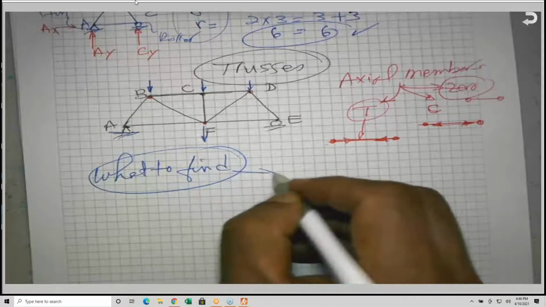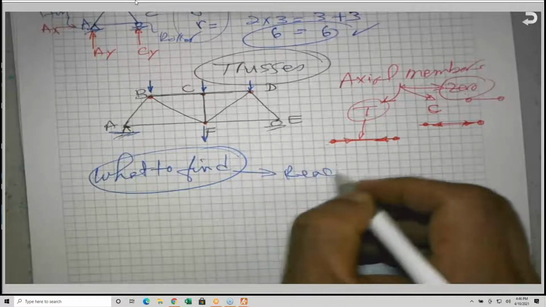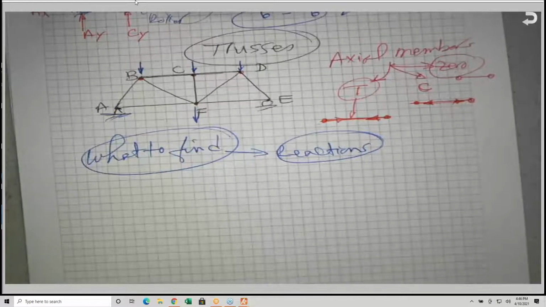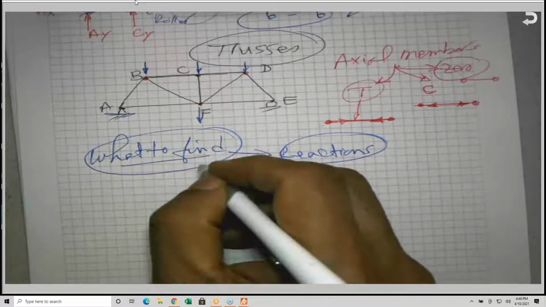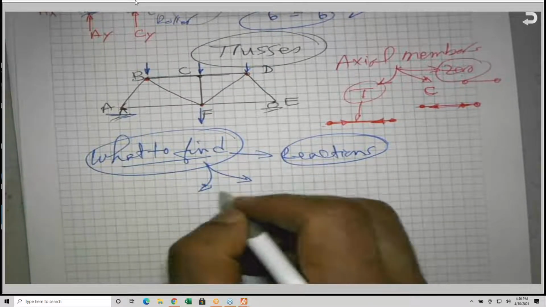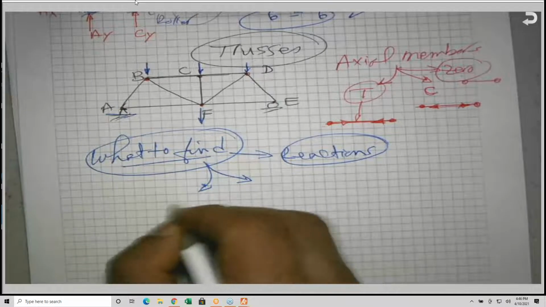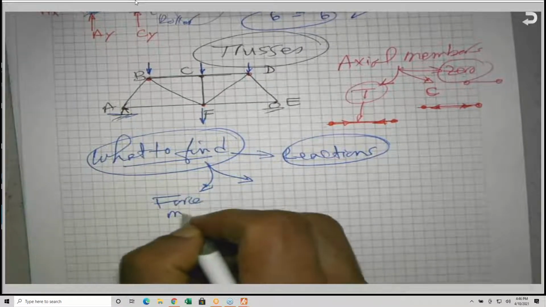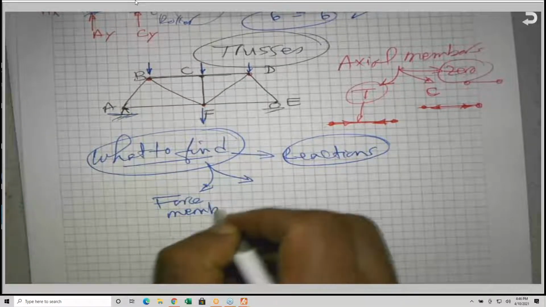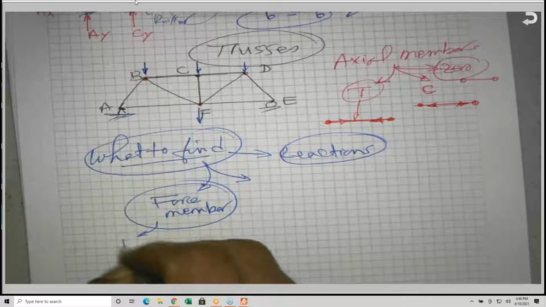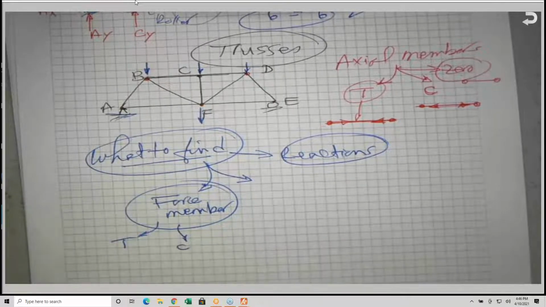I don't expect that he will ask you for the reactions, because this is for beams. Most likely we find the reactions for beams. But for trusses, we are looking for the magnitude of the member force, or the force in the member, and they indicate whether it is tension or compression.